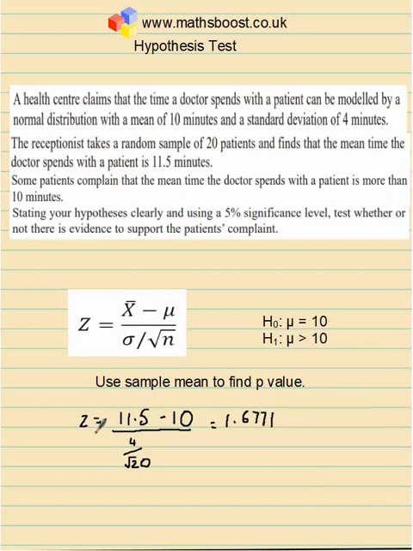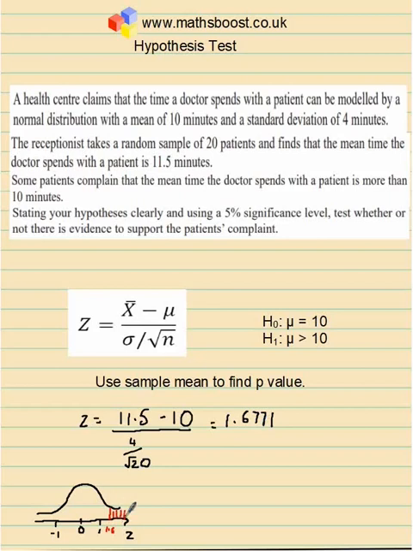We now need to convert this Z value into a probability. Always draw this diagram when you're converting Z values into a probability. It's the upper tail we're interested in.